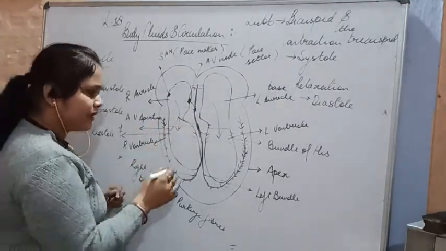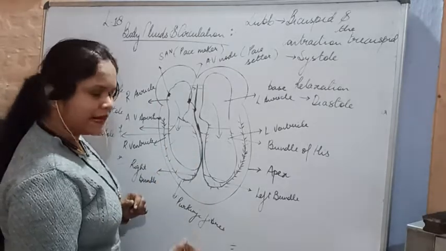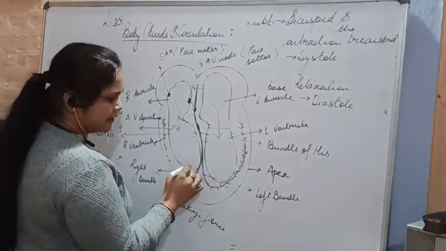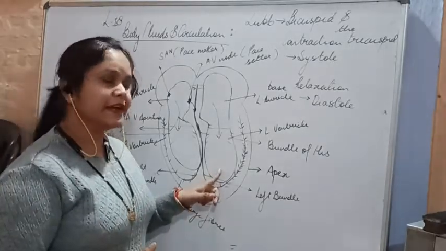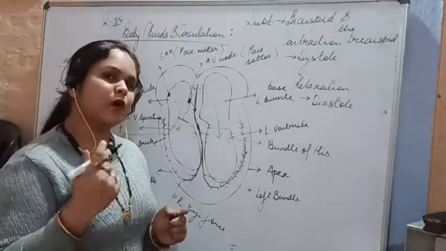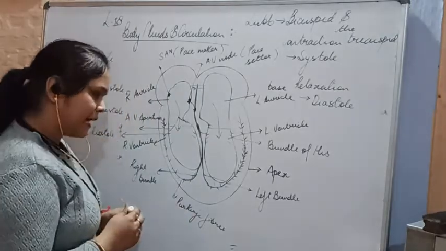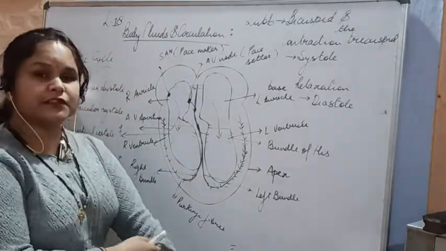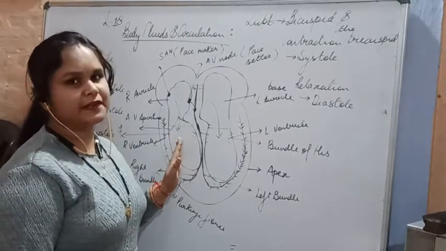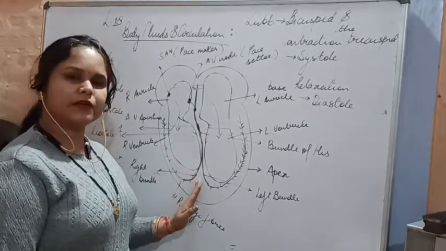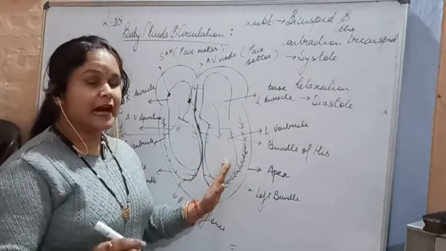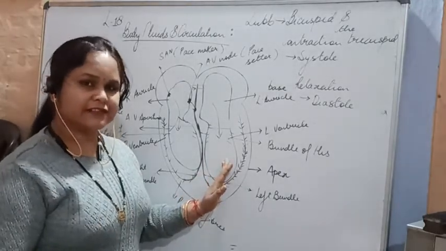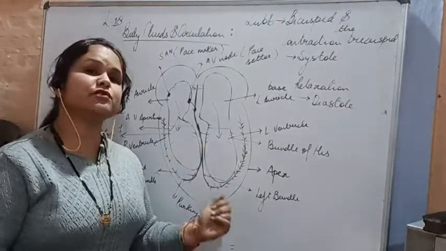And as soon as the ventricles contract, the pulmonary artery and the aorta receive the blood and transport it to all parts of the body. So the semilunar valves need to be open. When the ventricles are contracting, the semilunar valves of the pulmonary artery and the aorta open, as a result of which the ventricles empty.